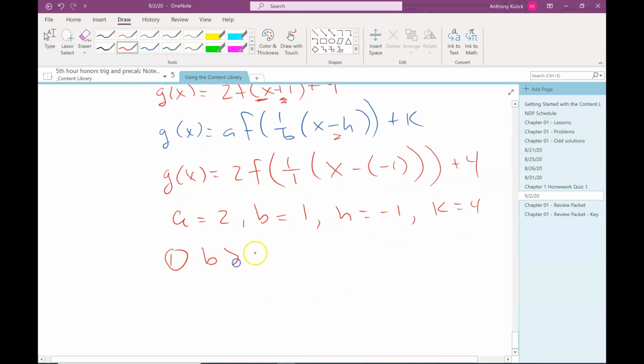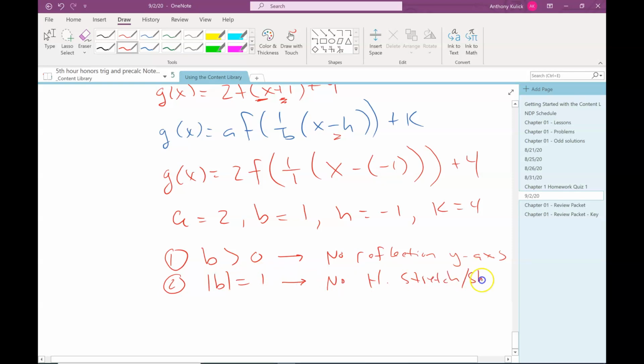So, since b is positive, we have no reflection on the y. And since the magnitude of b is 1, we have no horizontal stretch or shrink. Since a is positive, we have no reflection on the x.